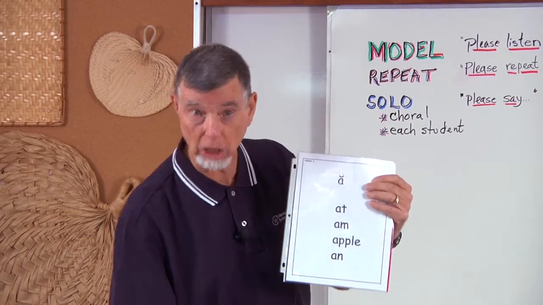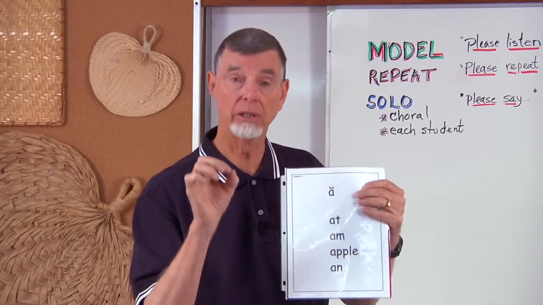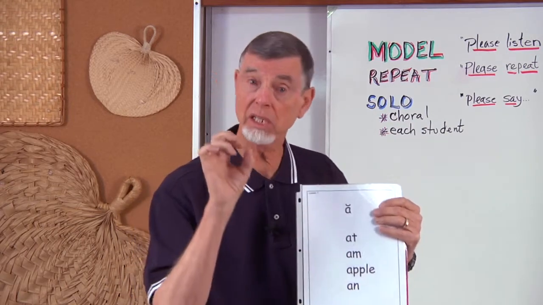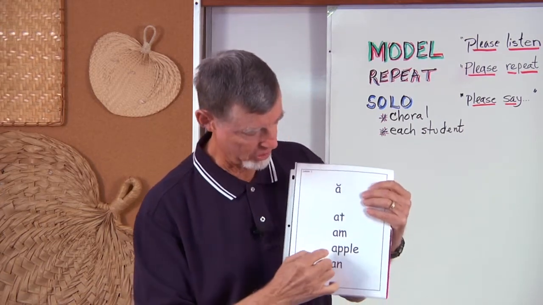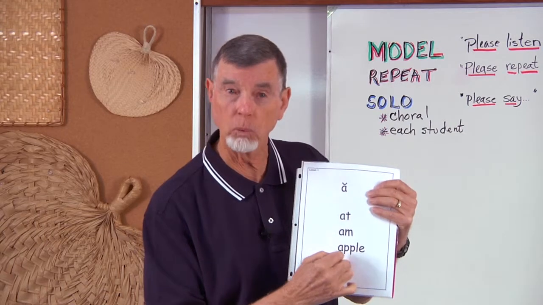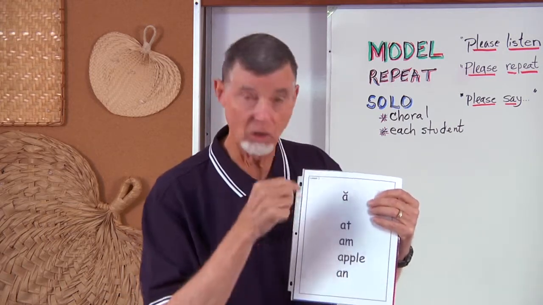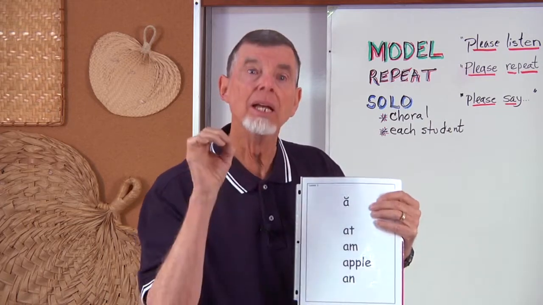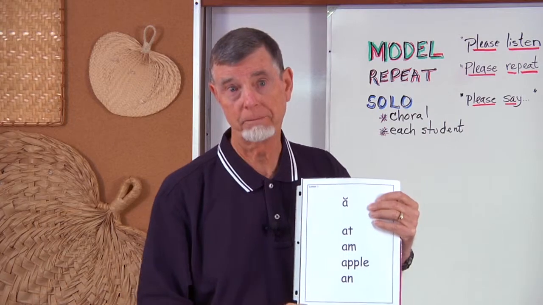You want to do one column at a time from top to bottom. And again, you're emphasizing the sound. So you as teachers are listening, maybe not so much for the correct sound of the word, such as apple. They may have a little different pronunciation. You're listening for the sound at the beginning of each word.